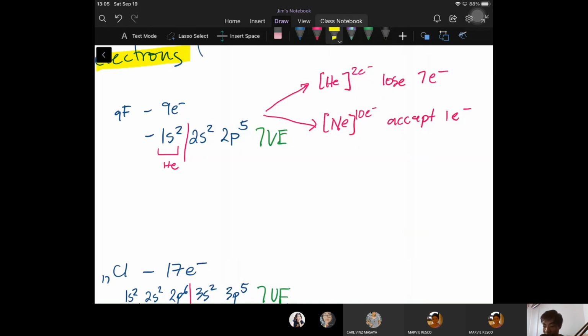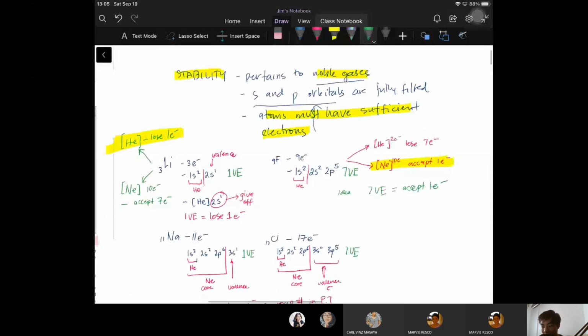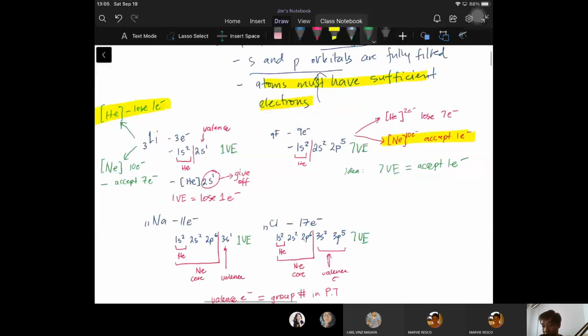So, it would be better for fluorine to just accept one electron for it to be stable para siya ay maging noble gas. So, ano yung idea na pwede natin kunin dito? Pag 7 yung valence electrons, mag-a-accept siya ng isang electron.